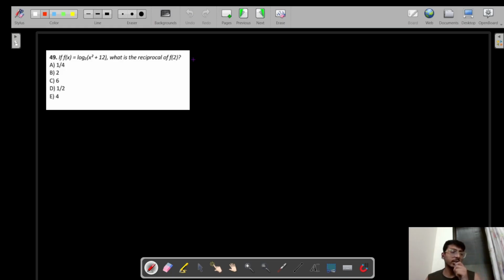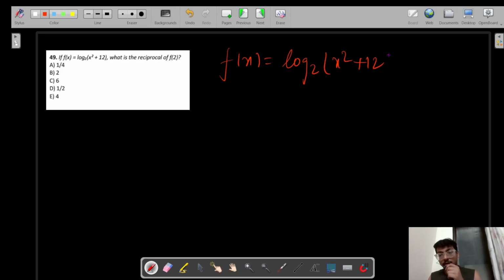Let's move to another question, which says that there is a function f(x) equal to log of x square plus 12 to the base 2, and we need to find the value of f of 2. To solve such problems, if f(x) is given as log base 2 of x square plus 12, and you need to find the value of f of 2, you just need to put 2 in the place of x.